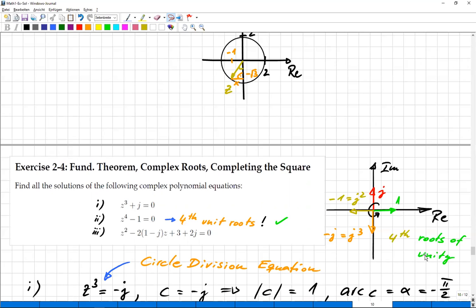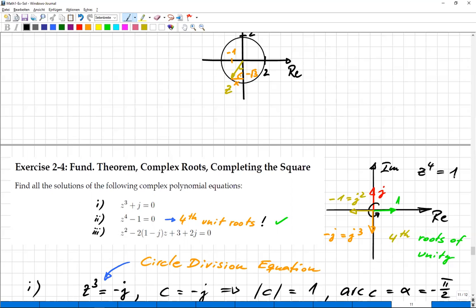You know why it's called the fourth roots of unity? It's just because, oh, where is it? I had it written here originally. So if you change this, the setting, then you have z to the power 4 equals 1.